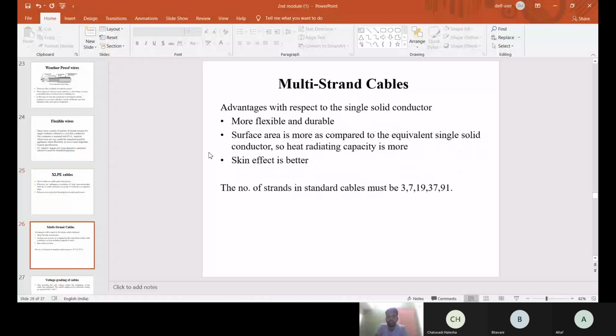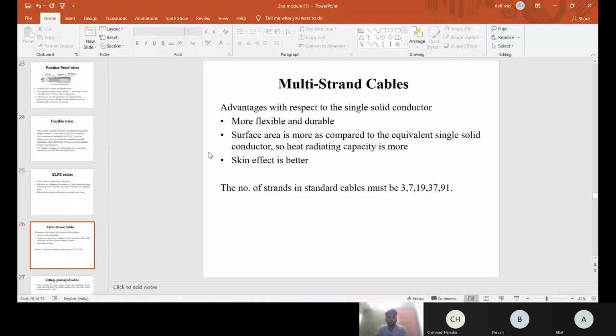Then the number of strands in standard cables must be 3, 7, 19, 37, and 97. These are the numbers of strands we can use. We can't use 4 strands, 8 strands like that. Some Indian standards are there.